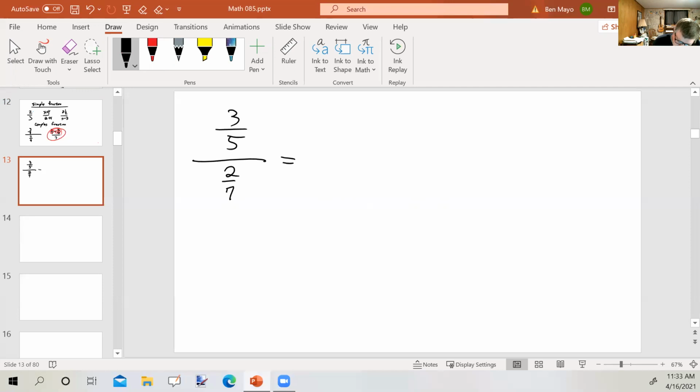We could rewrite this as 3/5 divided by 2/7. But we could write that as 3/5 times the reciprocal of 2/7, which would be 7 over 2. And now, multiplying the fraction straight across, we get 21 over 10, which does not reduce.